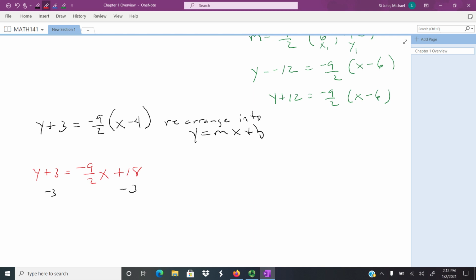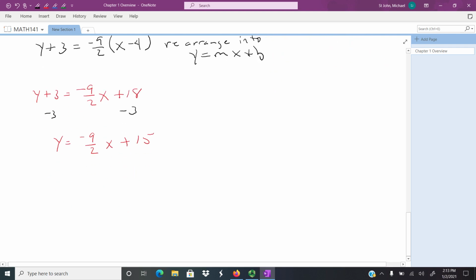And we end up at y equals minus 9/2 x plus 15. And we now have it in the other form. Right? So we can go from one form to the other. So we have, in terms of writing the equation of a line given 2 points.